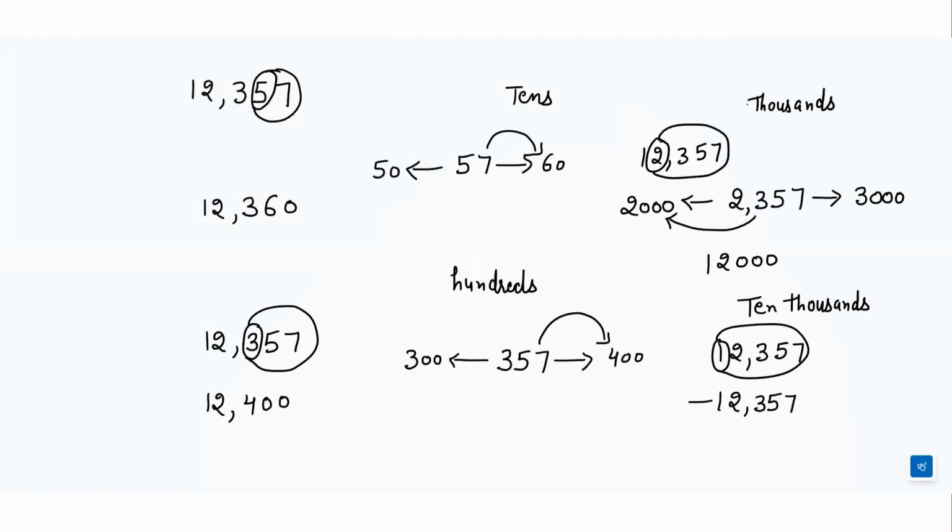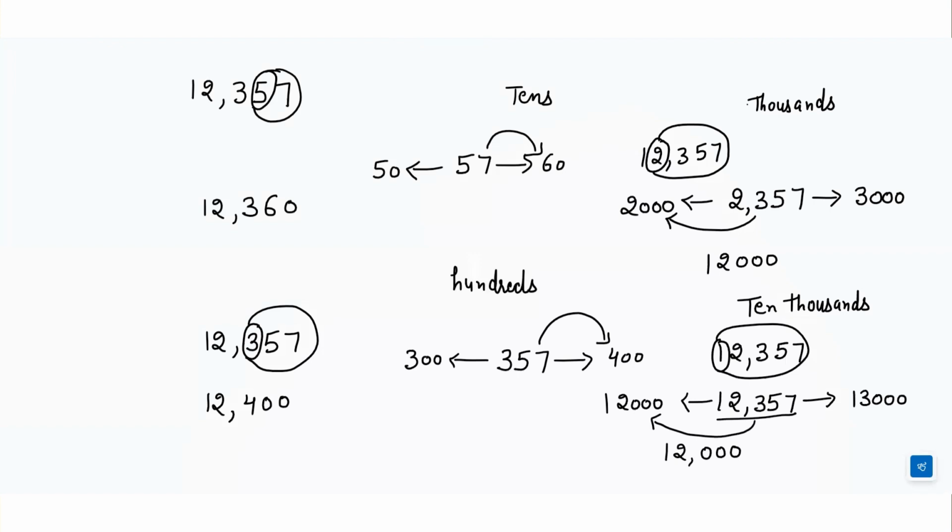So I have to see, is it close to 12,000 or is it close to 13,000? So if you will see, this number is close to 12,000. That means if I have to round it off, it will be equals to 12,000.